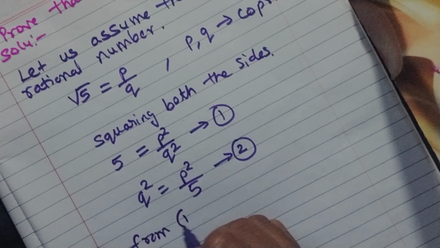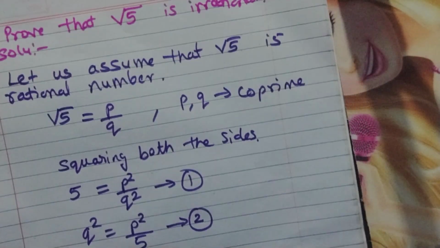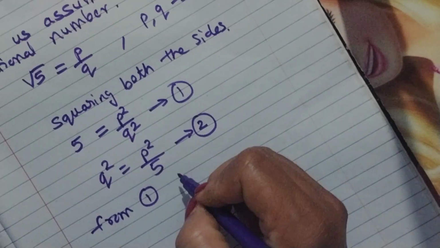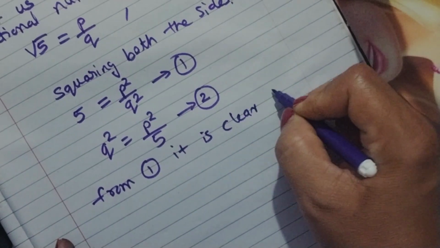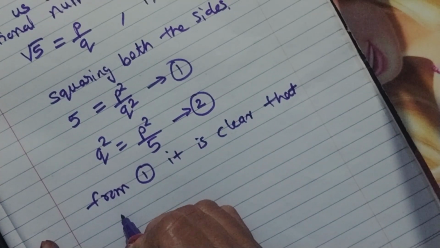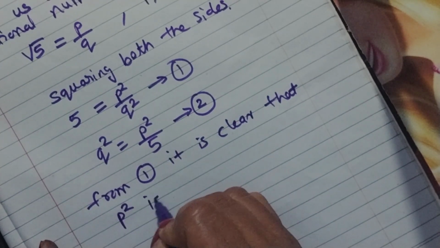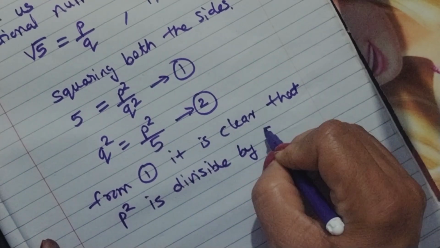So from 1, it is clear that p square is divisible by 5.